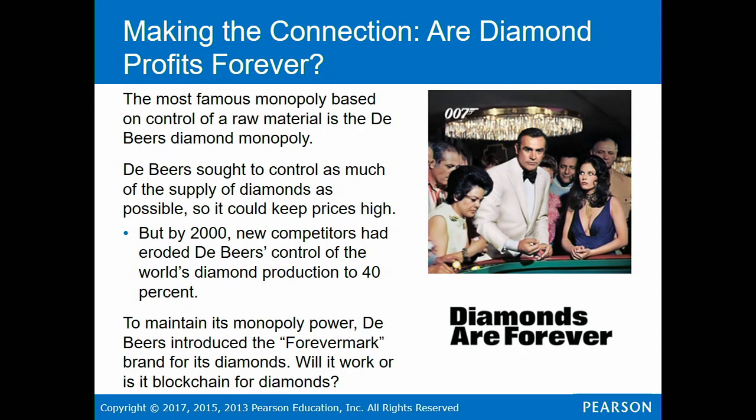Another example is the De Beers diamond monopoly. They had control of pretty much all the diamonds in the world at one point. I forget the exact number, but it was in the upper 90% of known diamonds in mines that they had control of. They would restrict the supply of diamonds on the market so they can keep the prices high.